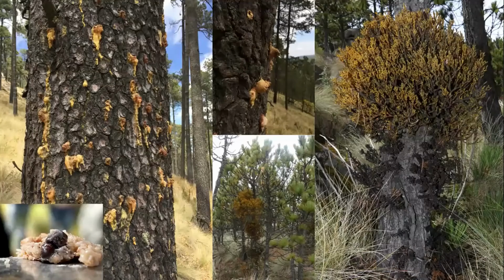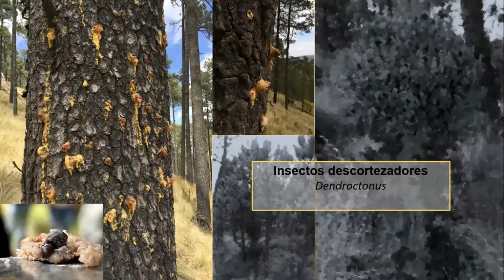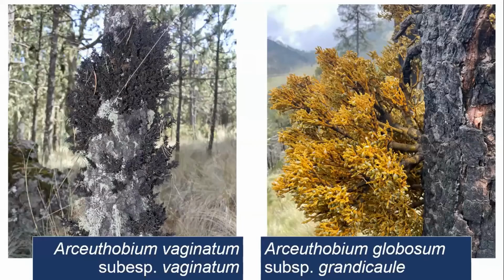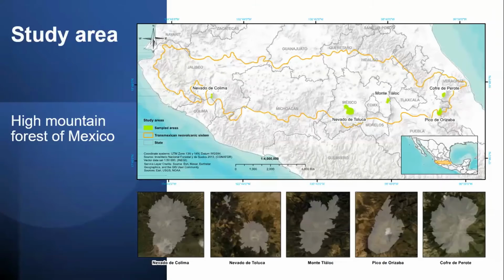And now we have very serious problems, especially with mistletoes and bark beetle. Especially two species of mistletoes, Arceuthobium vaginatum and Arceuthobium globosum, black and yellow. We have them in 5 mountains by the moment here in Mexico. These 5 mountains are Nevado de Colima, Nevado de Toluca, Monte Tlaloc, Pico de Orizaba, and Cofre de Perote.